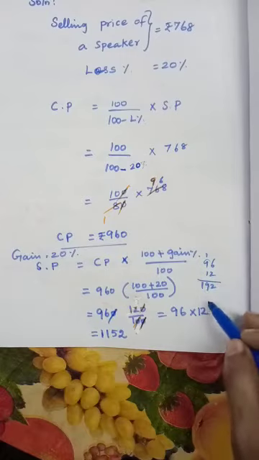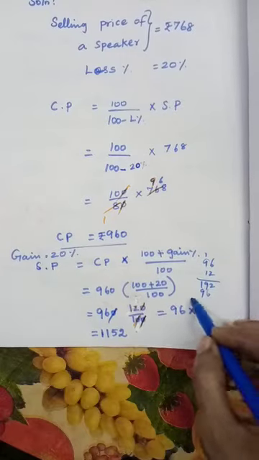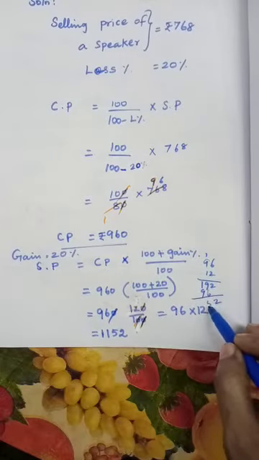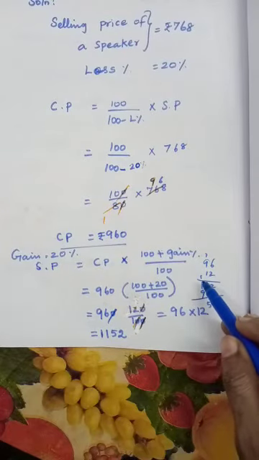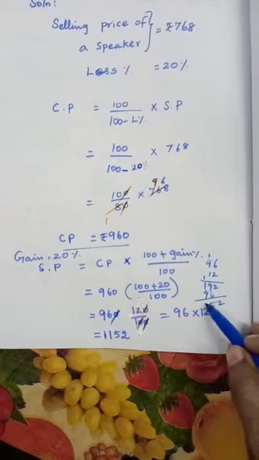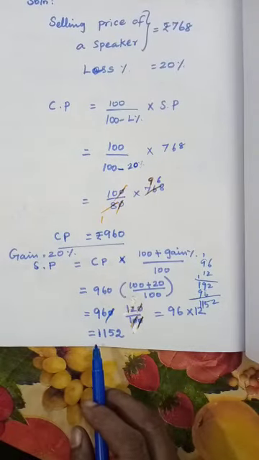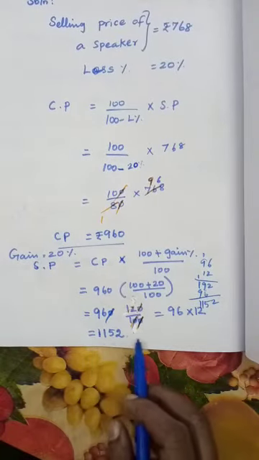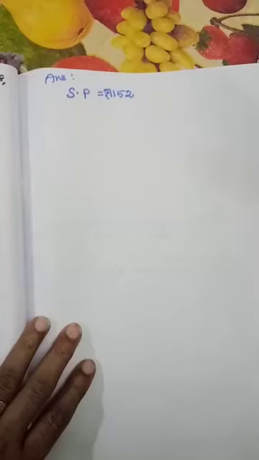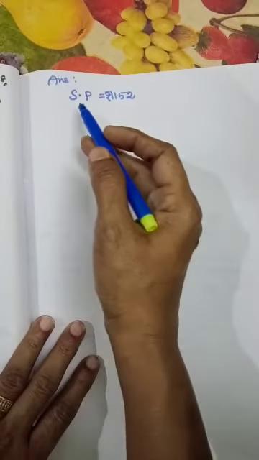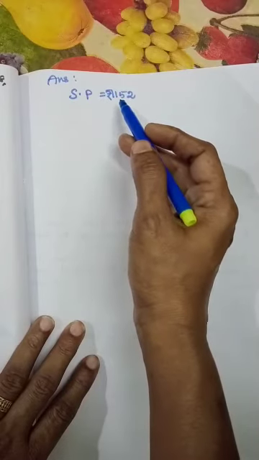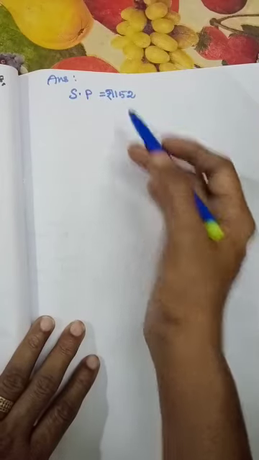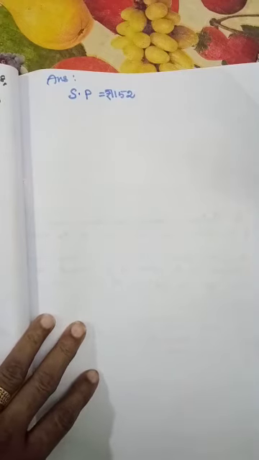Here 1 6 is 6, 9 1s are 9. So 2, 5, 1, and 9 plus 1 is 10, 10 plus 1 is 11. So 1,152. So the answer SP is equal to rupees 1,152. Okay. Thank you. Have a nice day.